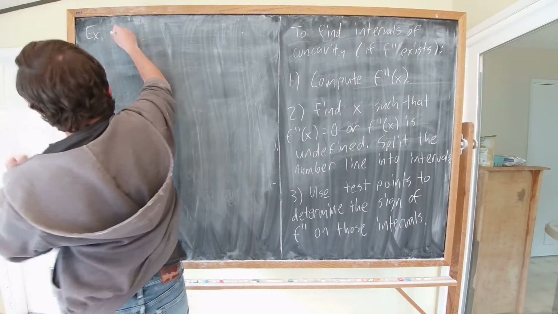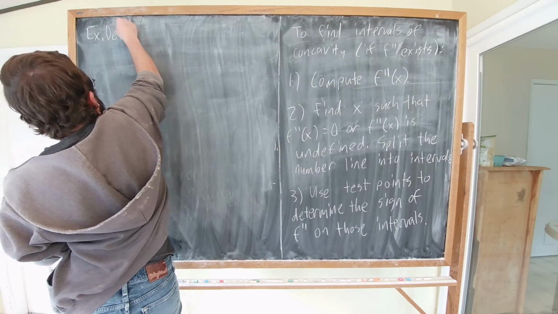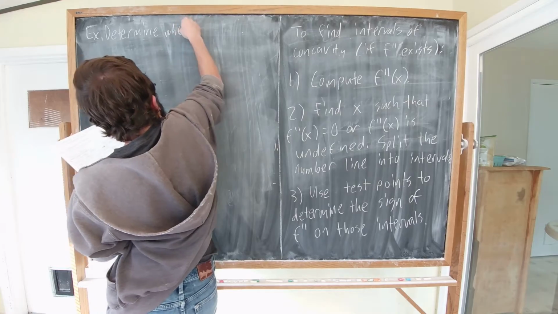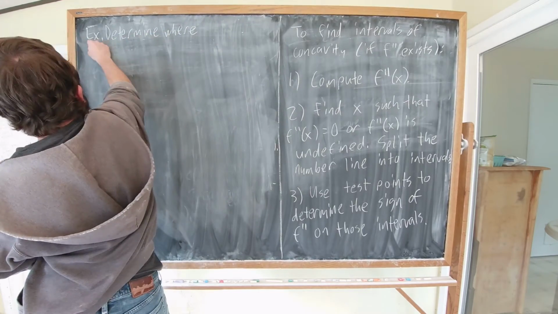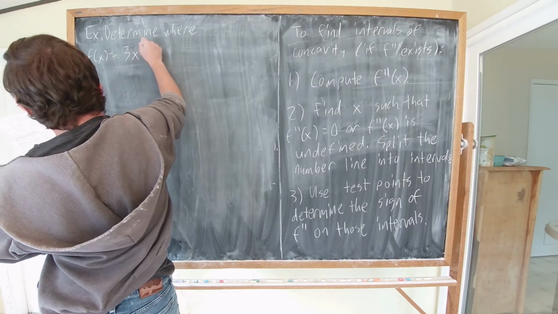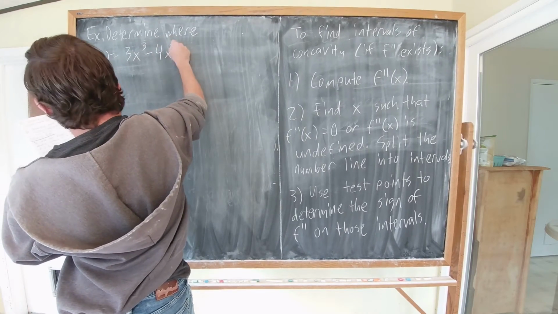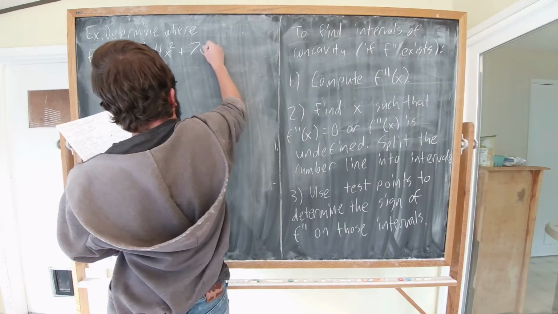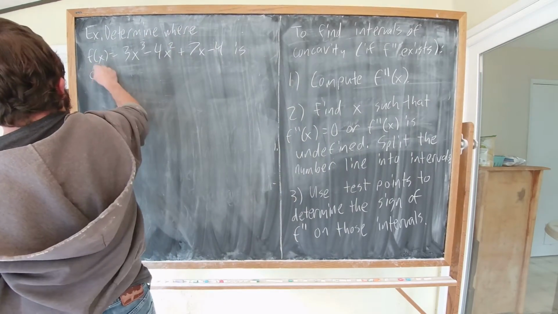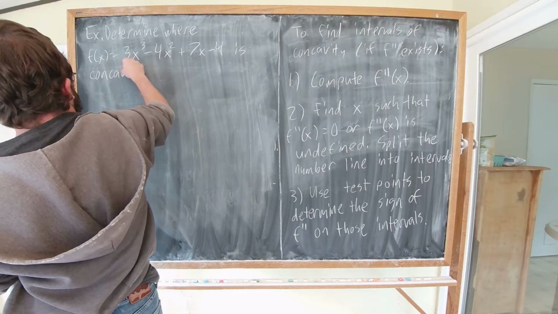Alright, example 1. Let's determine where f of x equal to 3x cubed minus 4x squared plus 7x minus 4 is concave upwards and downwards.